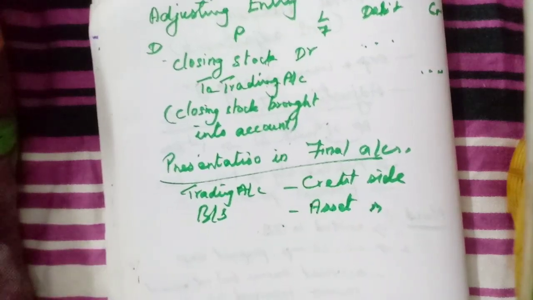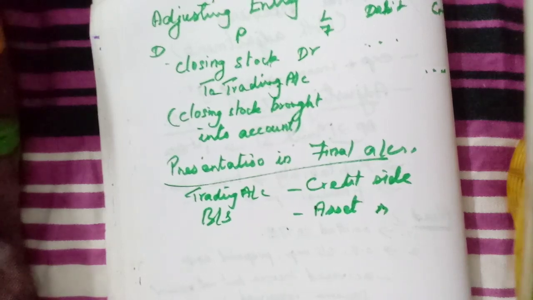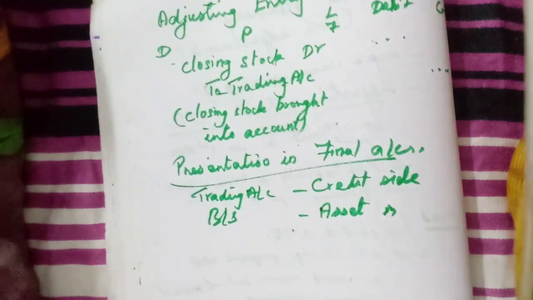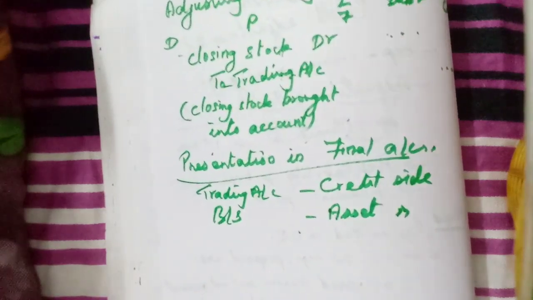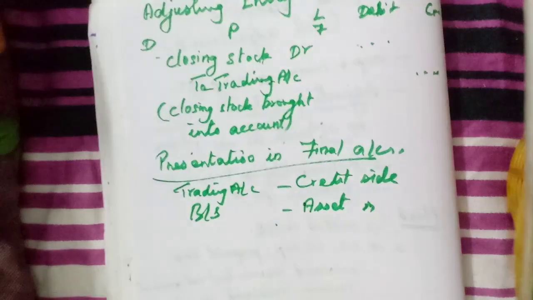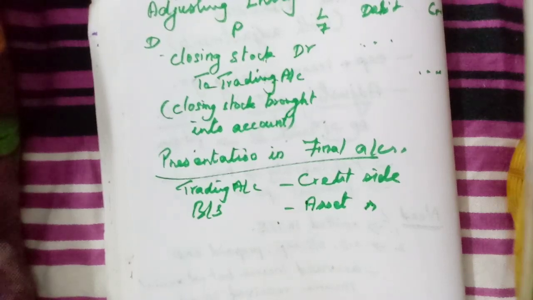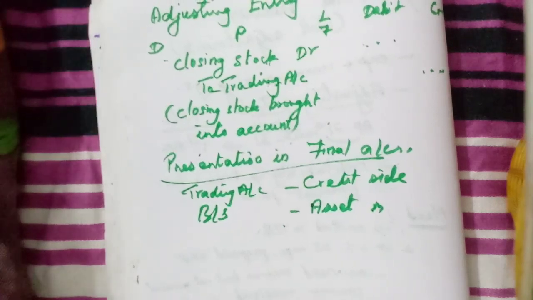Okay, we have already done the problem, isn't it? Many problems we have done, so you know that how it will appear in the final accounts. I will show the example given in the book also to you. Okay, how it will appear.